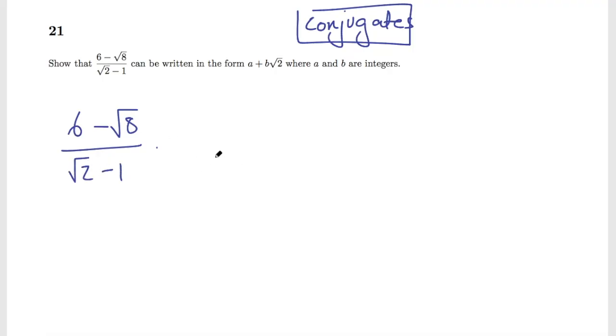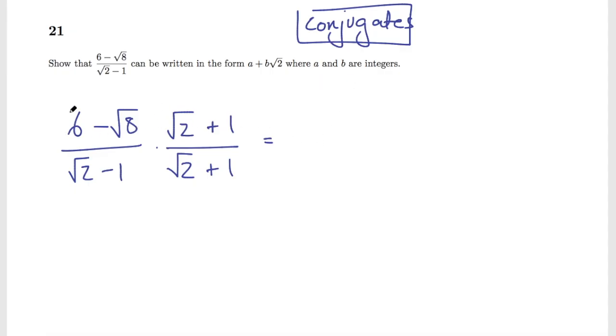If we multiply by the conjugate, which is basically kind of like the inverse of these numbers down here, in order to simplify that bottom line, the conjugate of root 2 minus 1 is root 2 plus 1.